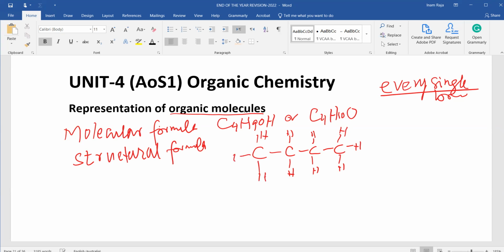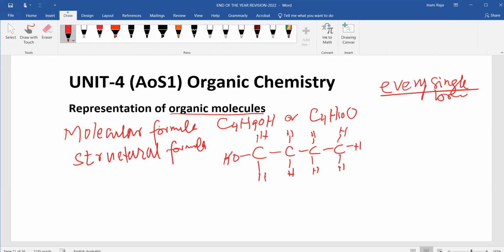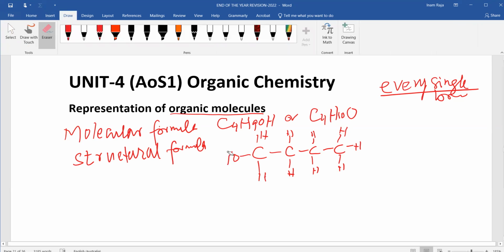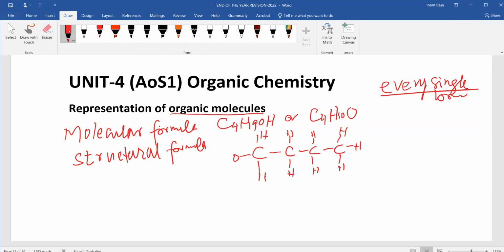Let's say I write OH like this and it is a 1 mark question, you'll get 0 marks. Why? Because I've not shown the single bond between oxygen and hydrogen. So I need to remove this and write a single bond and then hydrogen. Now it is the correct structural formula of butan-1-ol.